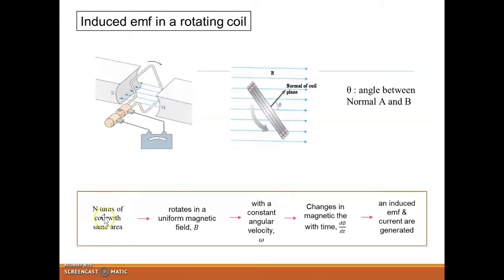One way to generate EMF is to rotate a coil through the magnetic field. Remember, the B field is constant and the area of the loop is also constant, but the angle between the field and the loop is changing. Here you can see this is the normal of the coil plane and this is theta, where theta is the angle between the normal of A and B. The coil, with the same area, rotates in a uniform magnetic field B with a constant angular velocity.